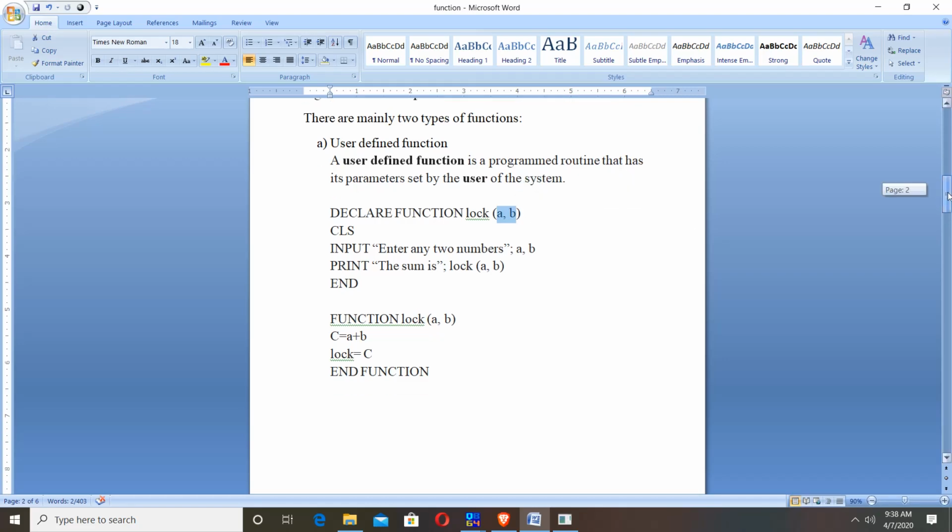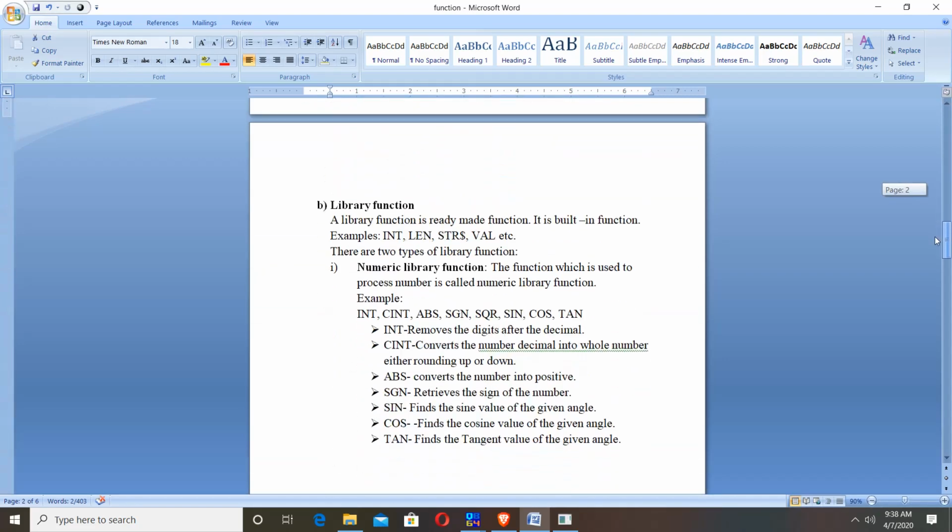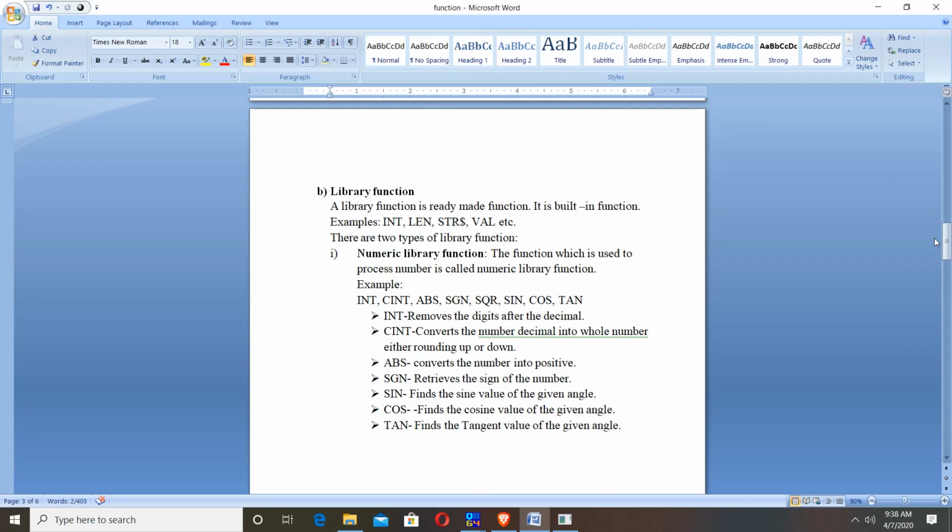Okay, the next one is the library function. So there are two different types of function: the first is the user defined function, and the second is the library function. Library means it is stored somewhere, or it is a built-in function of QBASIC.